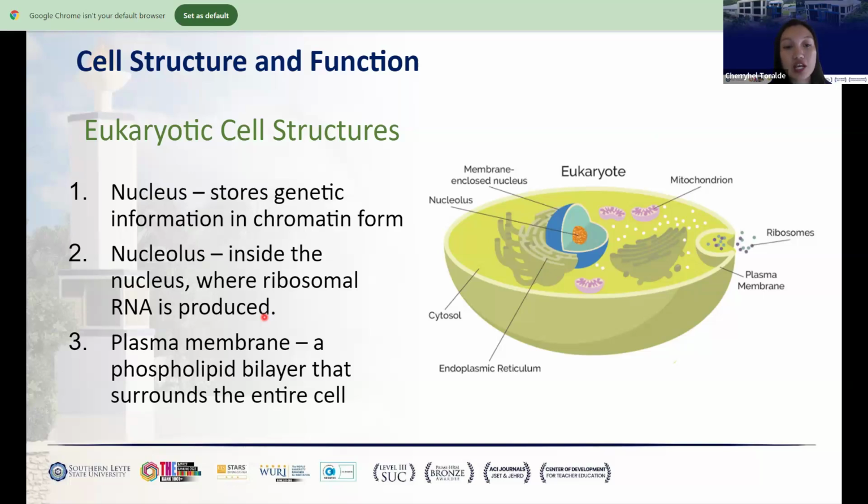And then number 3, we have the plasma membrane. Just to let you know, the diagram of a eukaryotic cell that I have shown in this slide is actually an animal cell. Why can I say that it's an animal cell? It's because it doesn't have a cell wall.